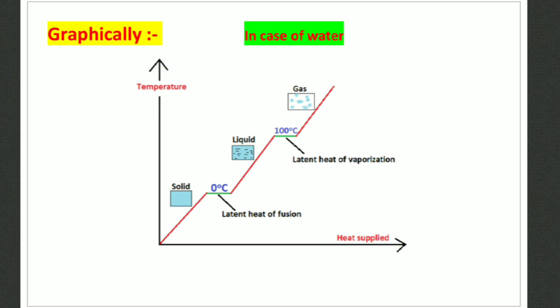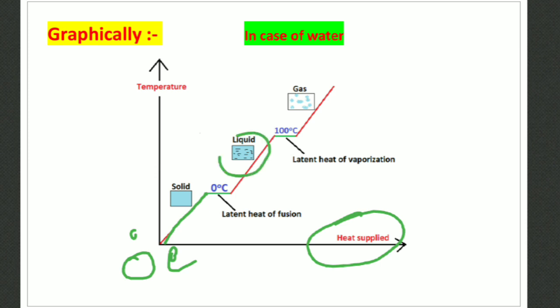So when we supply heat from 0 degrees Celsius, the solid state will melt to liquid at 0 degrees Celsius, which is called the latent heat, which is fixed. The temperature here is fixed.